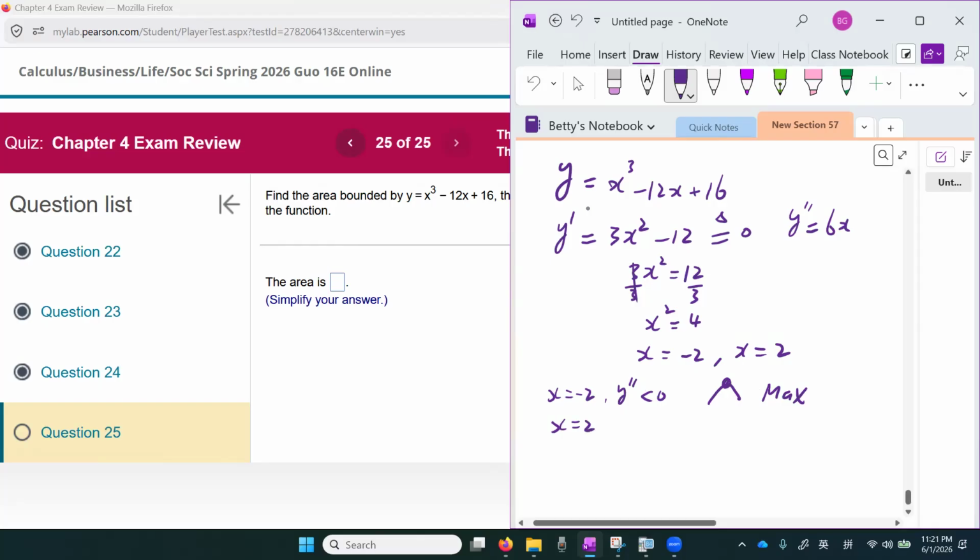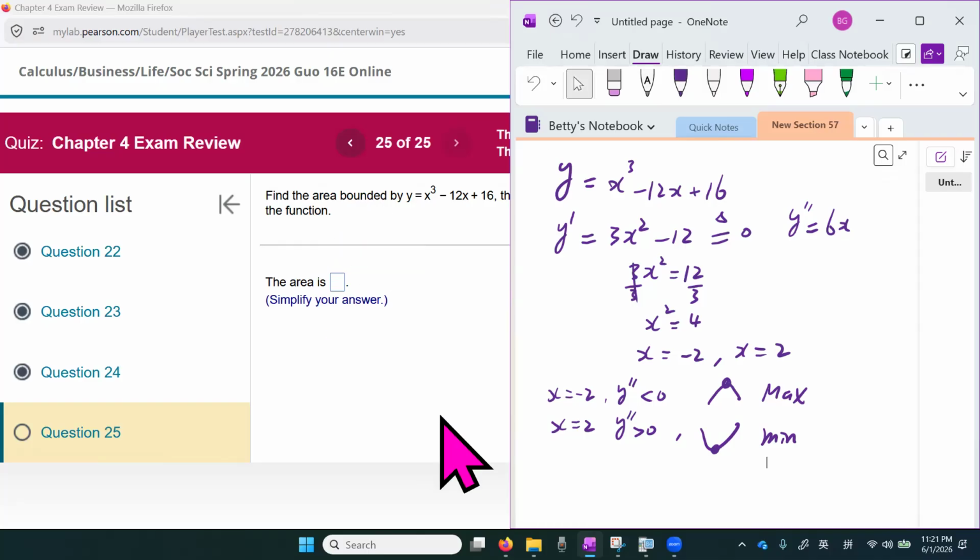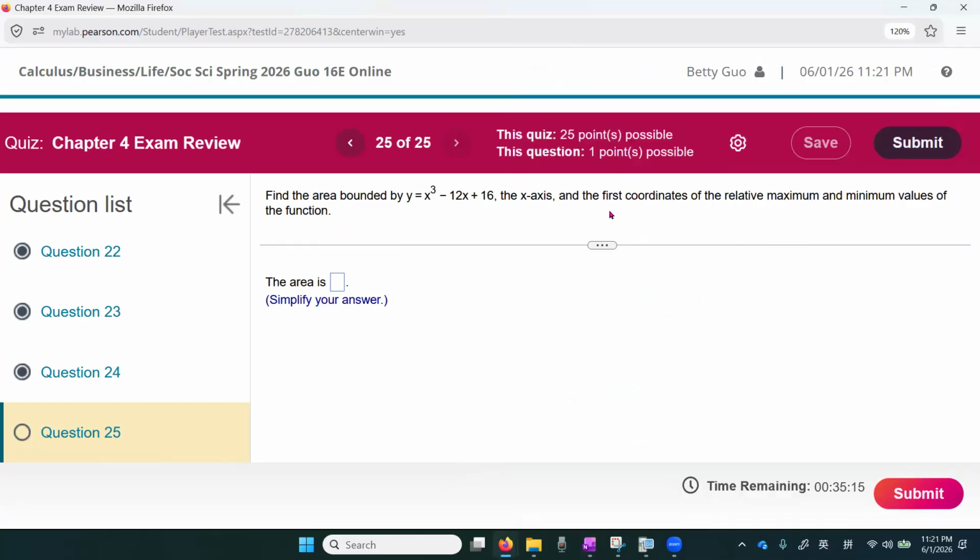When x equals +2, the second derivative is positive, so concave up, a minimum. So we have two relative extrema, at -2 and 2, the first coordinates of the relative maximum and the minimum.